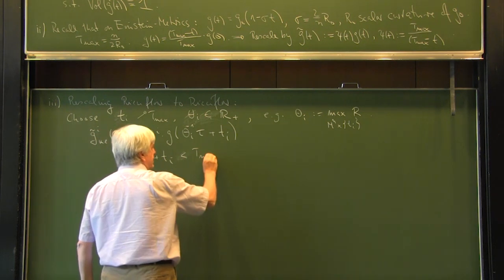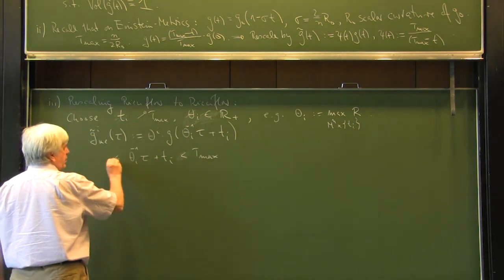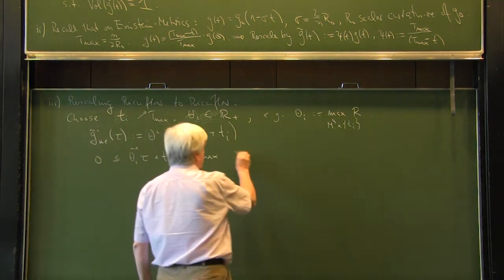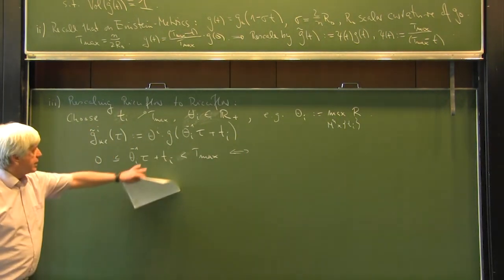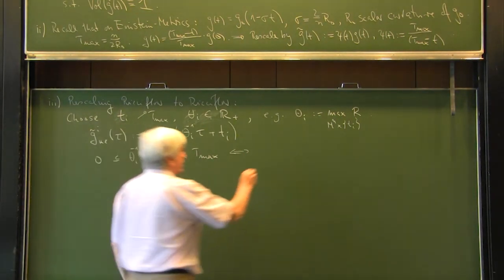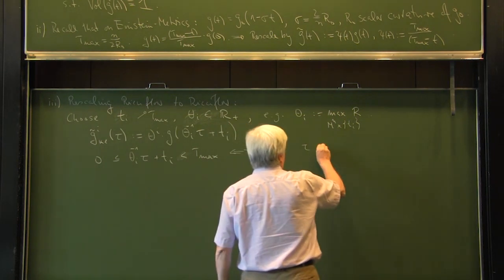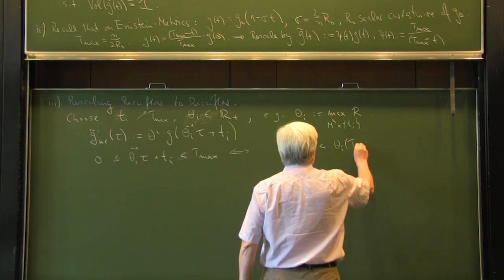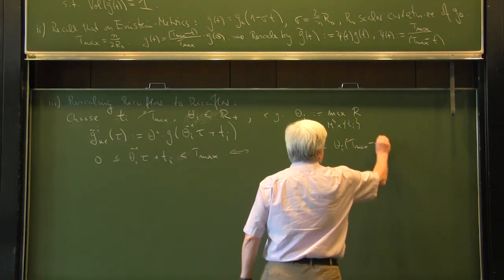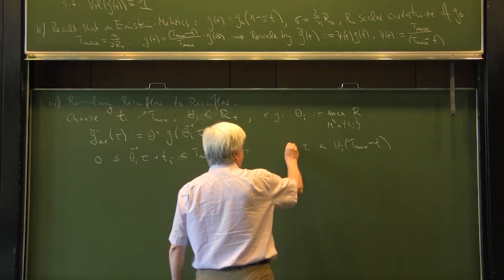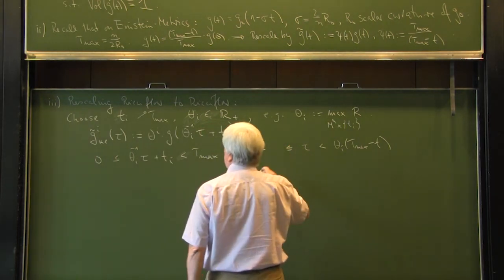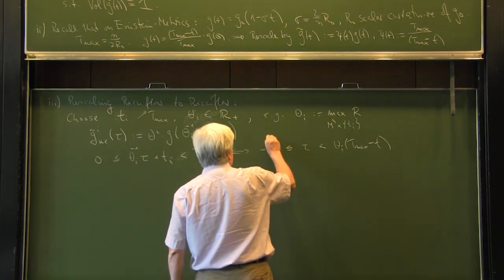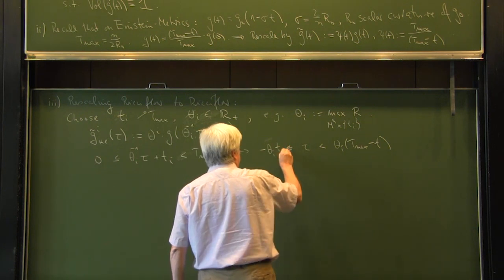So this would be between T max and bigger than 0, which is of course equivalent to saying that the new time variable would be between, on the one hand, theta I times T max minus Ti, and on the other hand, it would be bigger than minus theta I times Ti.